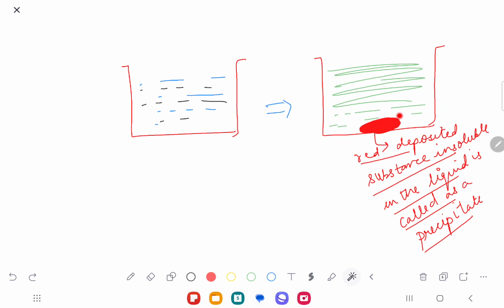New compounds formed with new properties. But the red and the green compounds were not soluble in each other, and one was heavy. Because it was heavy, it will settle down at the bottom. And the heavy component which settles at the bottom is called the precipitate. Are you understanding?